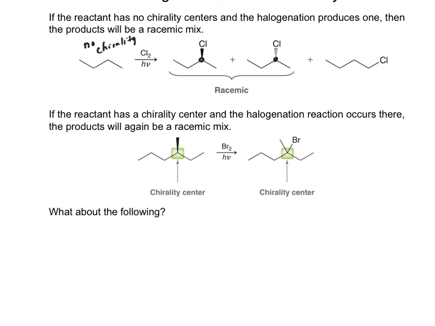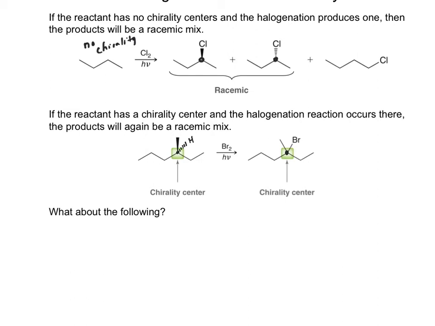What happens if we do have a chirality center and we do the exact same reaction? So we undergo this radical bromination reaction. What happens to the configuration about that chirality center?